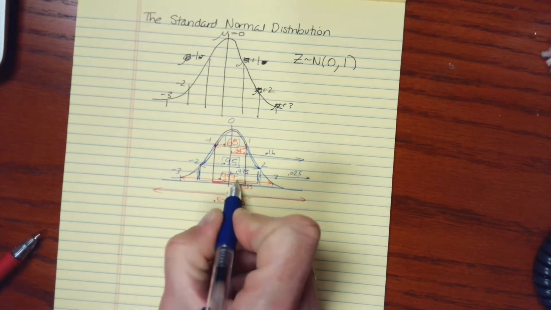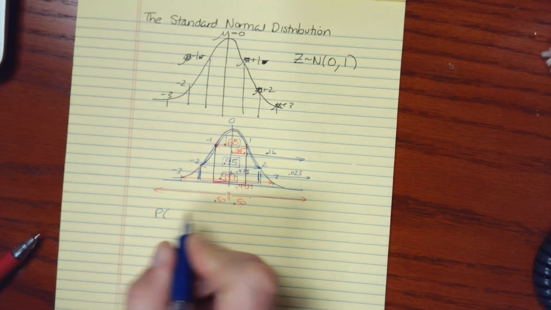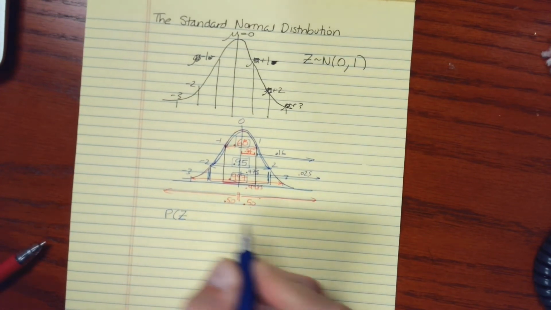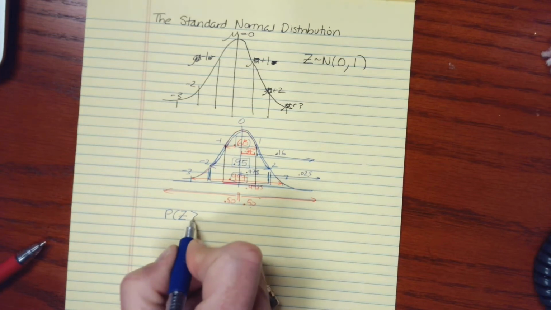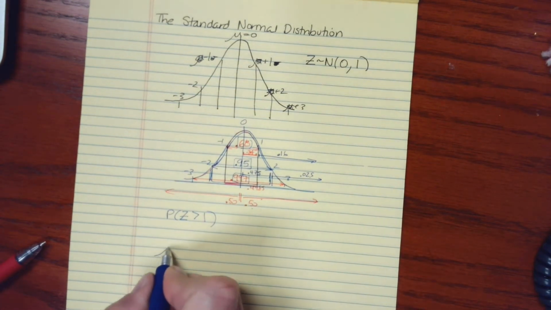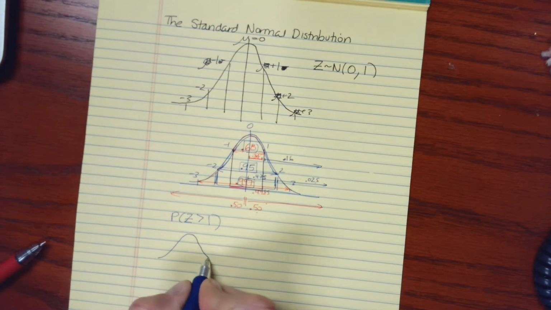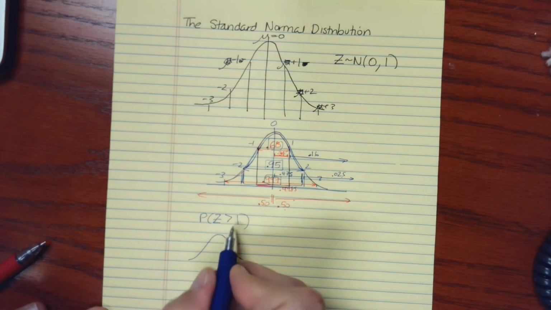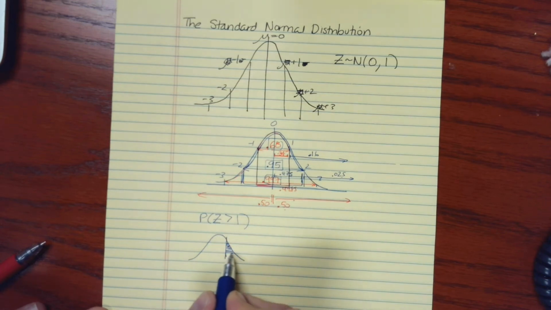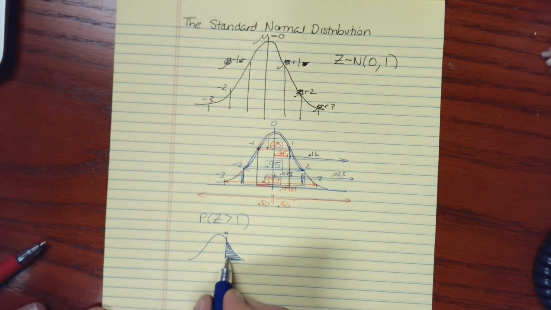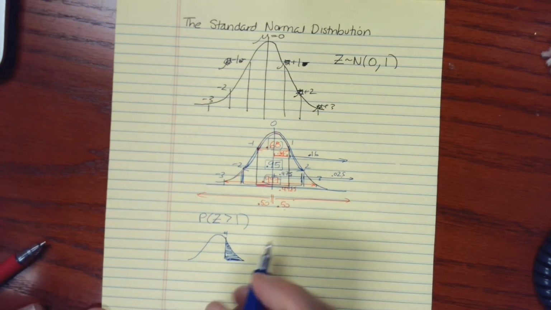So if we want to answer a question like, what's the probability that our random variable z takes on a value greater than 1? I would look at my standard normal distribution and think about, well, 1 is over here. Greater than 1 means to the right. And so here's +1. So what's the area that's to the right?